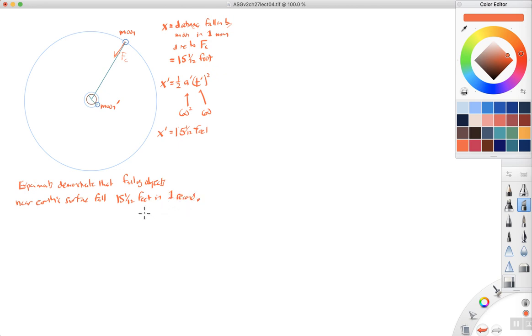This is actually a stunning result. By the way, these were measured by Christian Huygens, a very famous Dutch scientist that we study in Physics 202. He used pendulums to measure this to high precision.